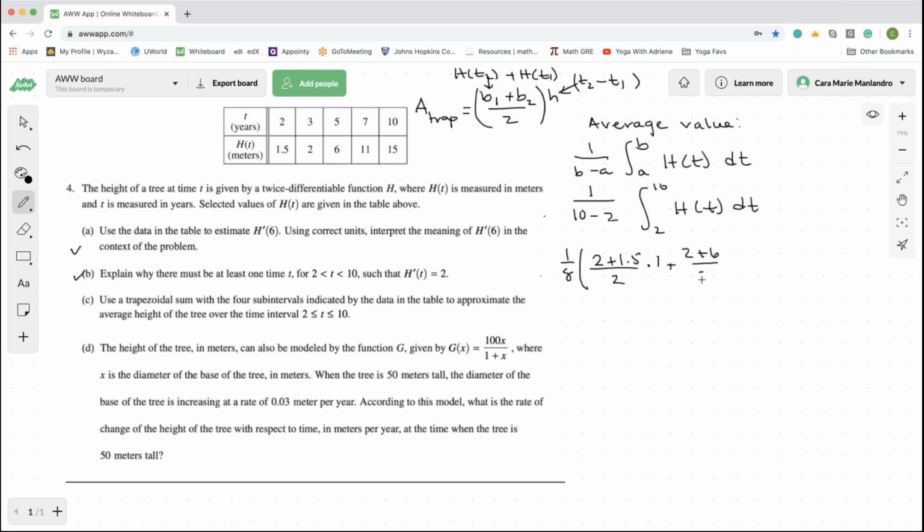So 2 plus 6 over 2, and the difference there is 2. And then 11 and 6 divided by 2, the distance here is 2. And then the last one is 15 and 11 over 2, and they're 3 apart.